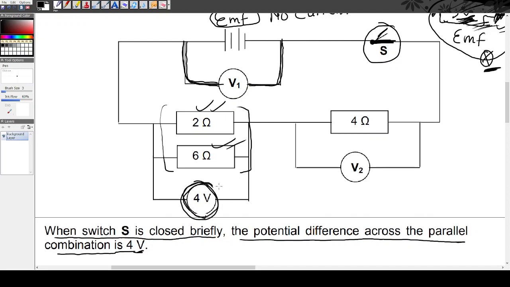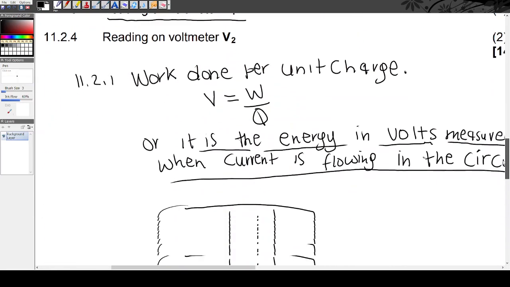In other words, we can find the current that gets in here by dividing the voltage V over the resistance. That's Ohm's law.